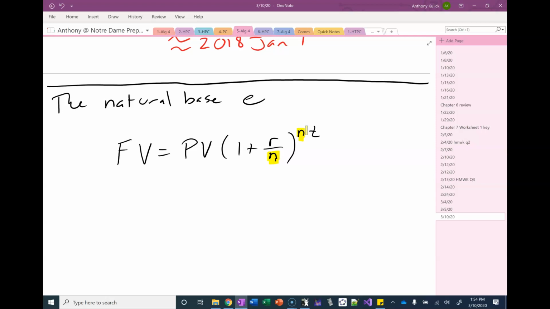More often. Yeah, like it's changing all the time. There's an infinite number of compounds or an infinite number of changes per year, right? If something's growing, it's just like always growing, right?